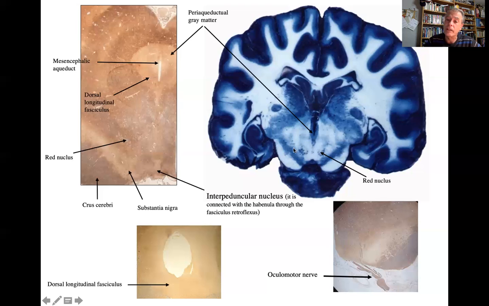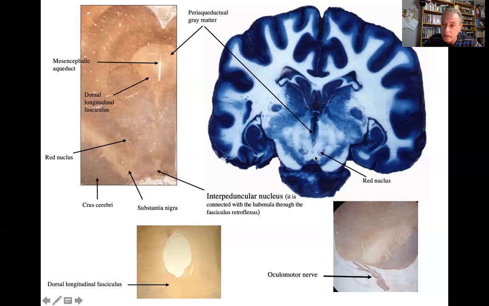So lesions affecting the substantia nigra may disrupt or damage the correct movements, right? So again, here you have the substantia nigra, and ventral to the substantia nigra, we have the crus cerebri formed by corticopontine and corticospinal fibers.